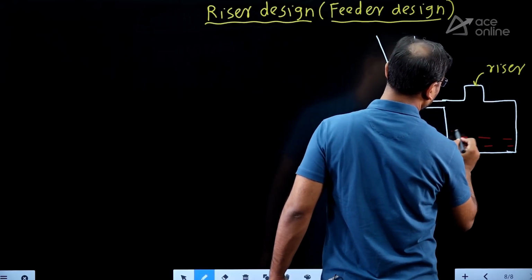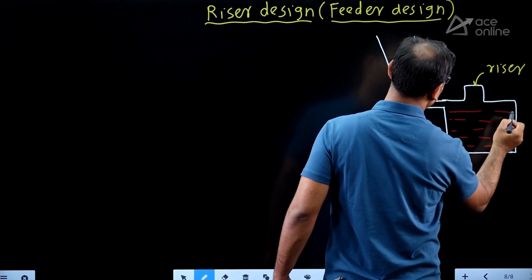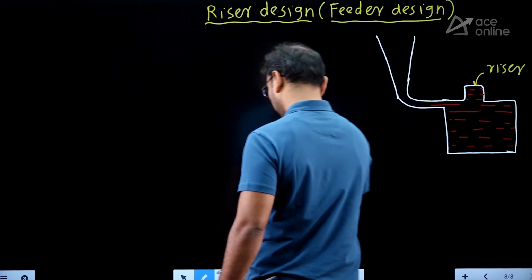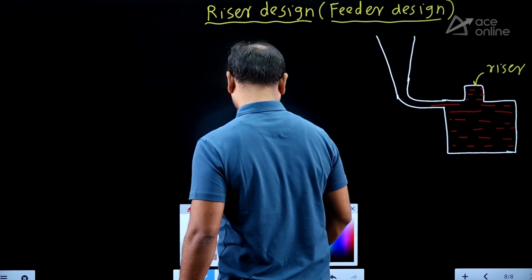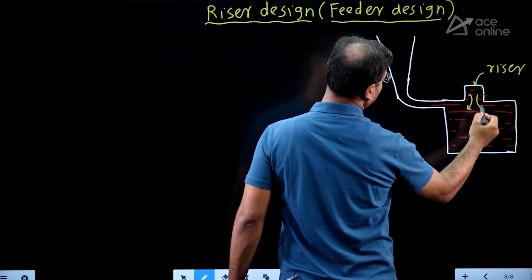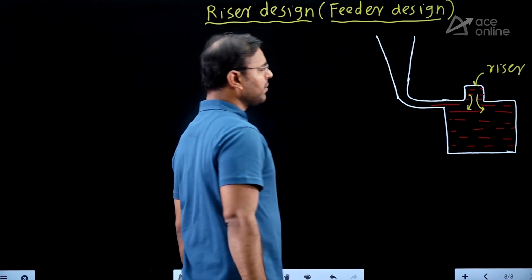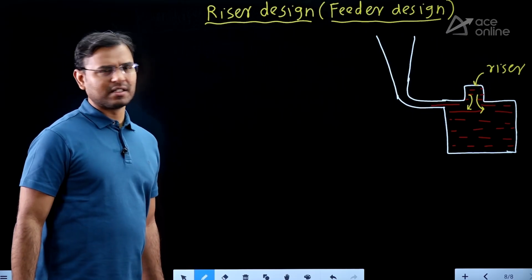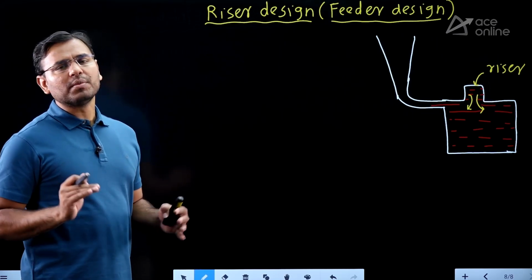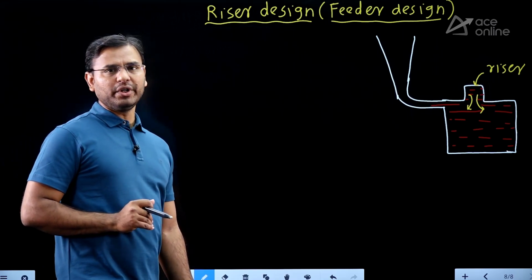Whatever the liquid shrinkage is, the same quantity of molten metal is supplied by the riser. Therefore, in stage 1 and stage 2, the volume of the casted component is not going to change.